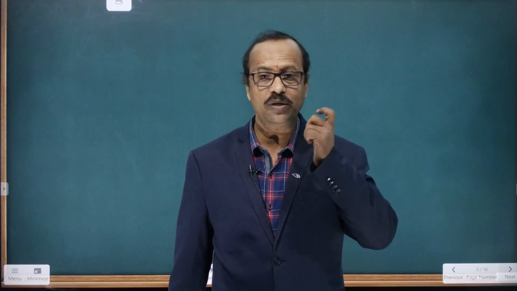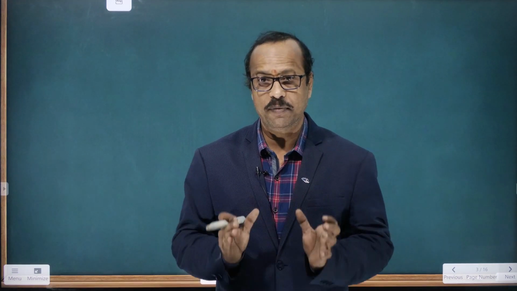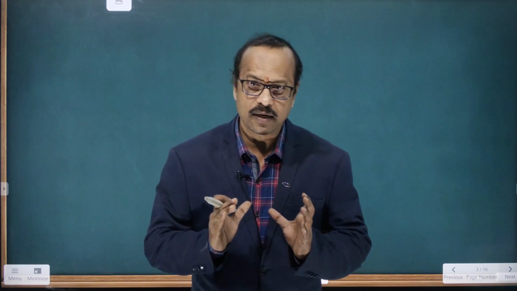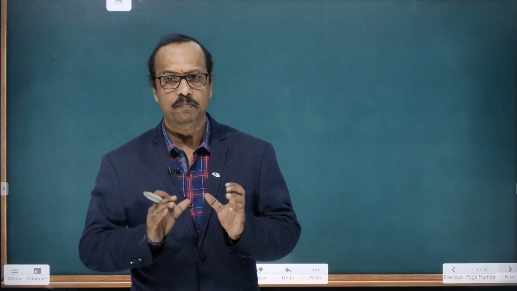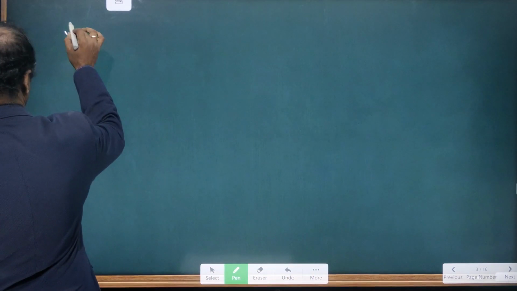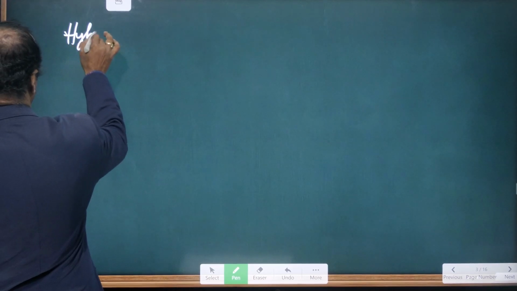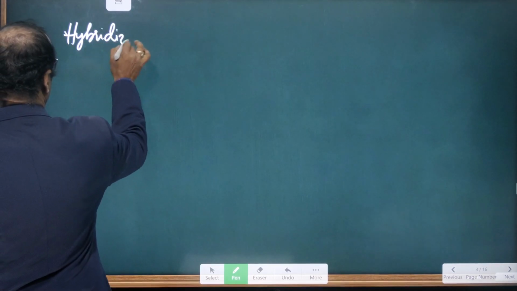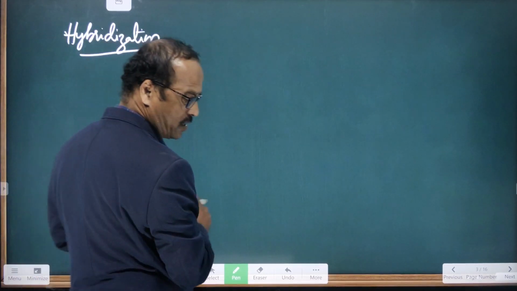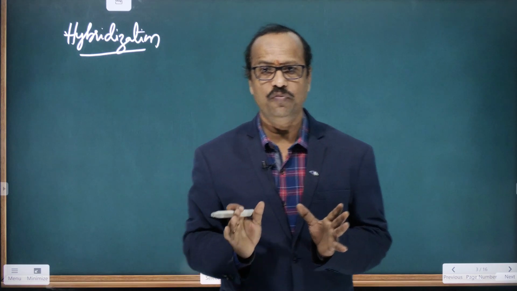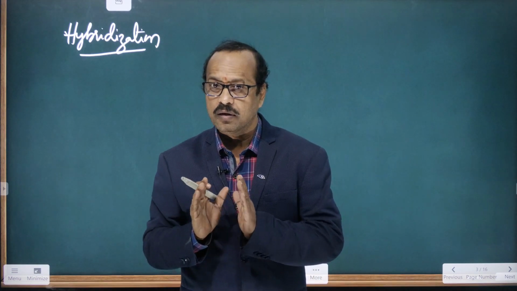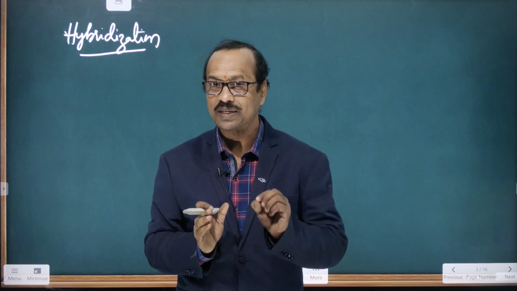In the covalent bond, the shape and structure of the carbon compounds are neatly explained by the process called hybridization. By using hybridization, we are going to discuss the formation of covalent bonds in carbon compounds. Clear?